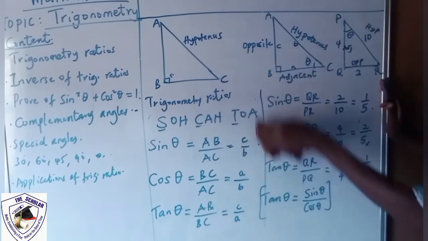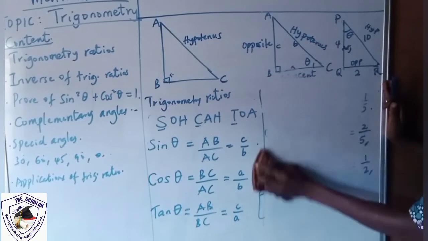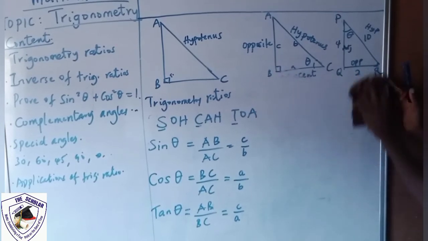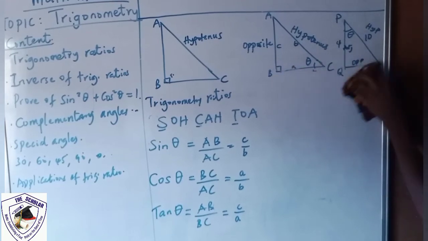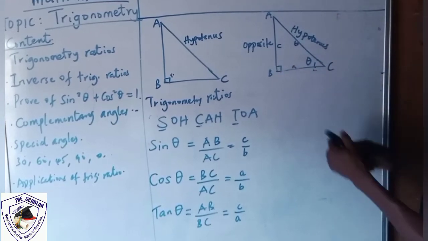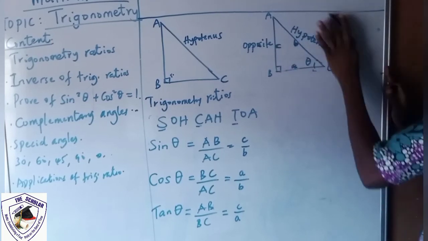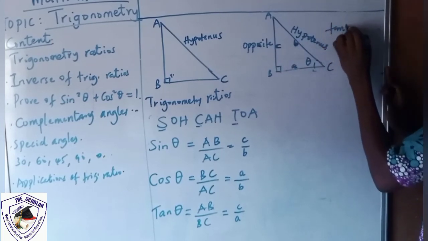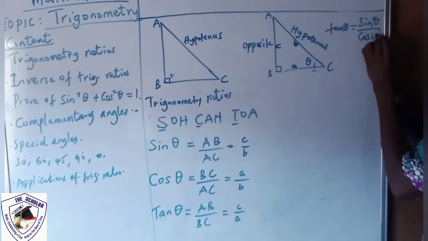Remember, we still have this, so I'm not going to tamper with it. Now, still using the second diagram here, this is my a, this is my c, this is my b. Remember, I said our tan theta is defined as sine theta all over cos theta.